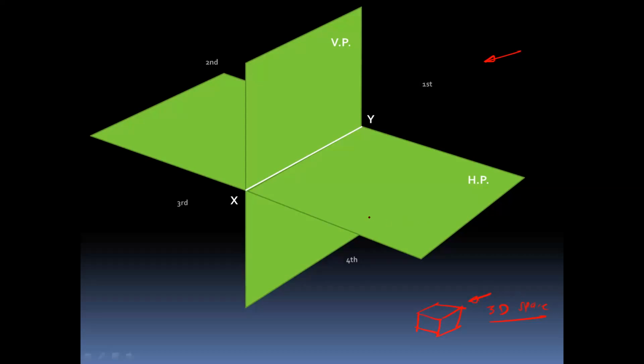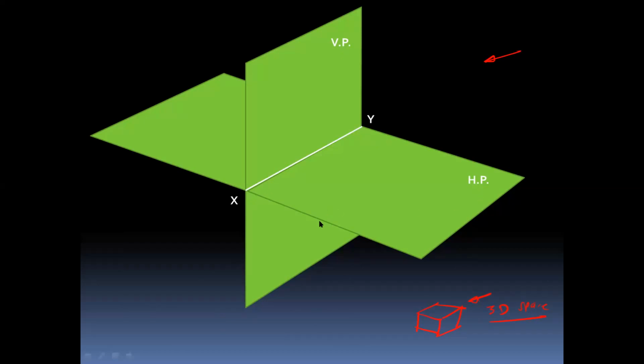You can observe here, we have taken 2 planes. One is the vertical plane and the second is the horizontal plane. The intersection of these 2 planes will divide the three-dimensional space into 4 equal parts. This is the intersecting line of the vertical plane and the horizontal plane.